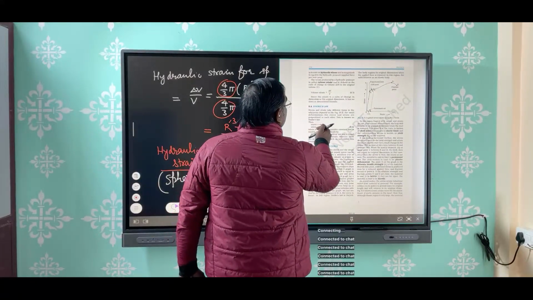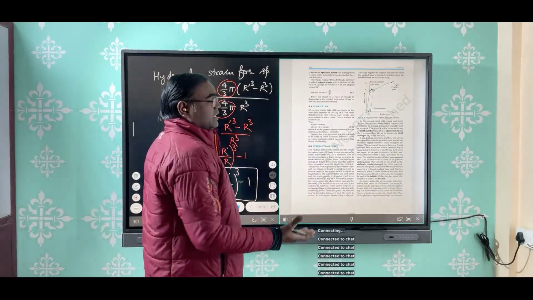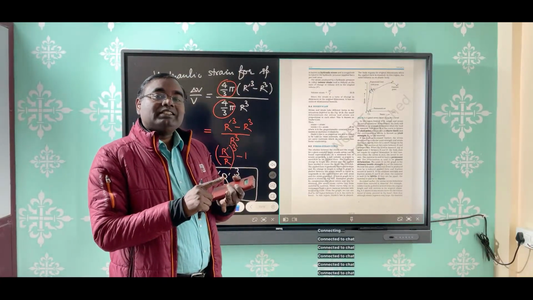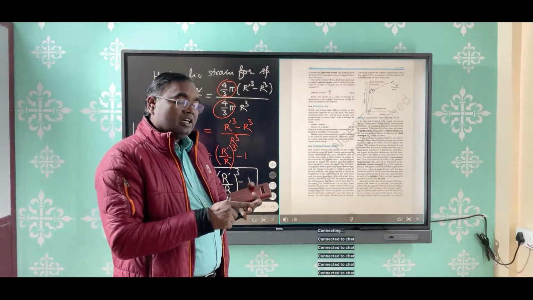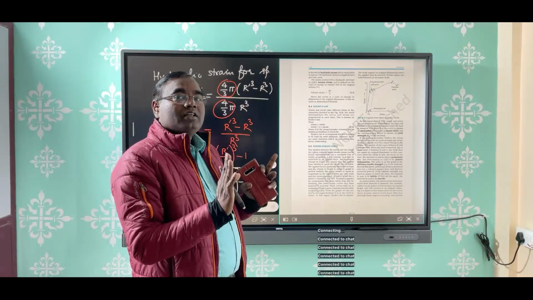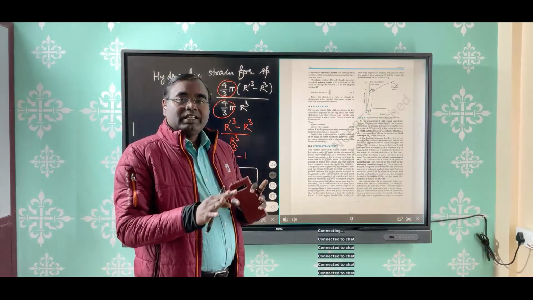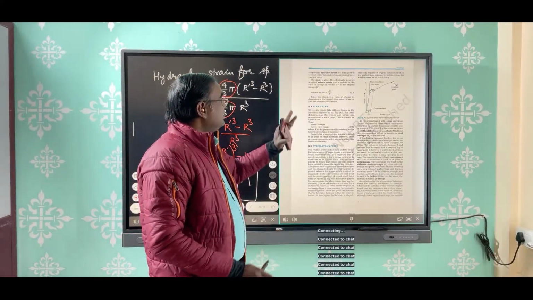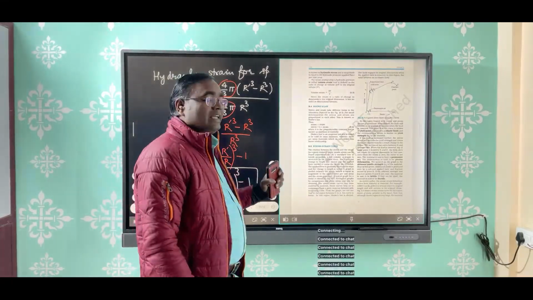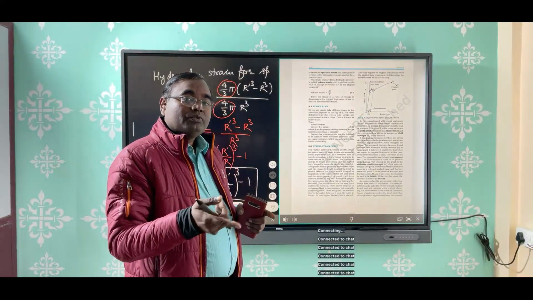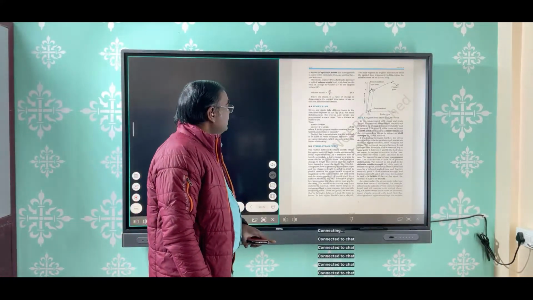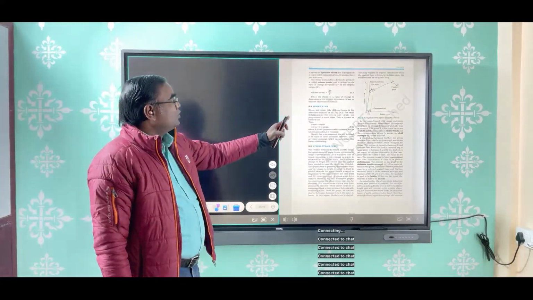So you know that any kind of strain, whether it is longitudinal strain, shearing strain, volumetric strain or hydraulic strain, is a dimensionless, unitless physical quantity. And here in case of volumetric strain, that is the hydraulic strain, is negative, right? Why am I focusing on this negative value? We will utilize this concept in the next section.